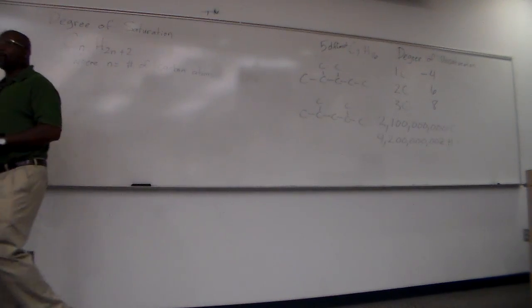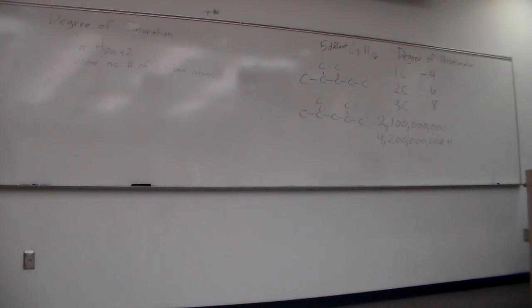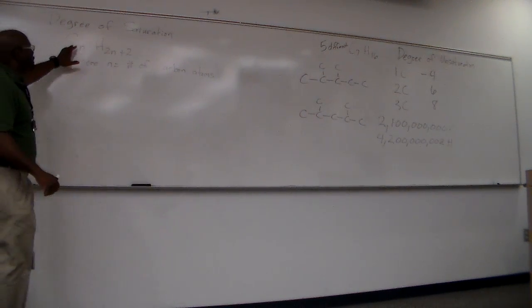Here's a way of checking the earlier ones. When n is equal to the number of carbon atoms, let's say I wanted to know how many hydrogens 1 carbon atom would contain. For 1, I would plug in n = 1.